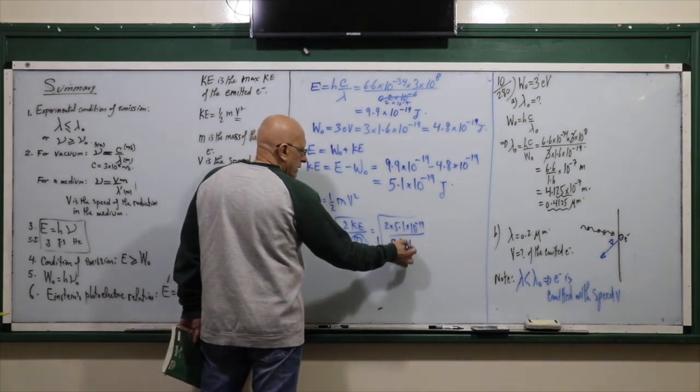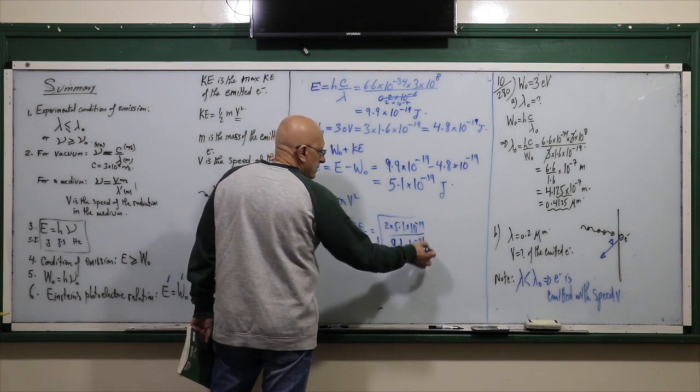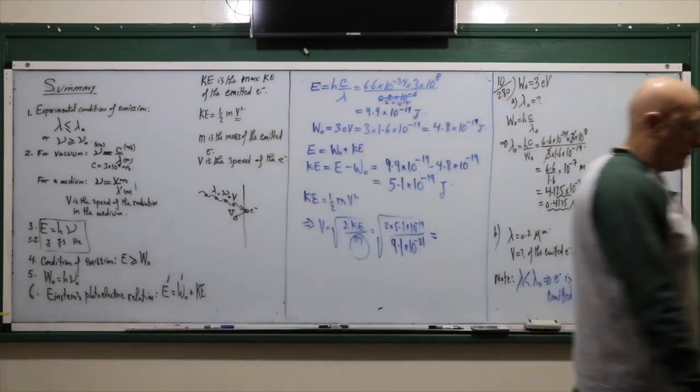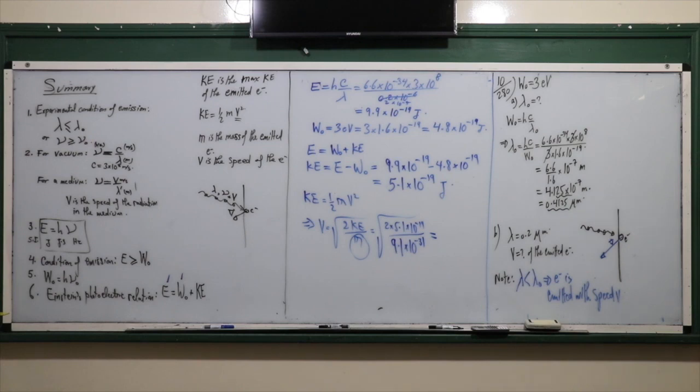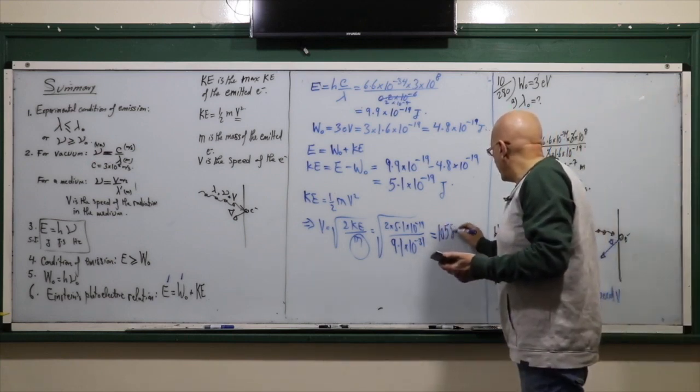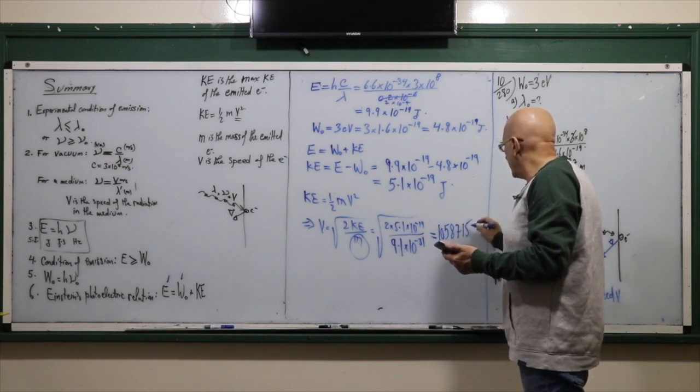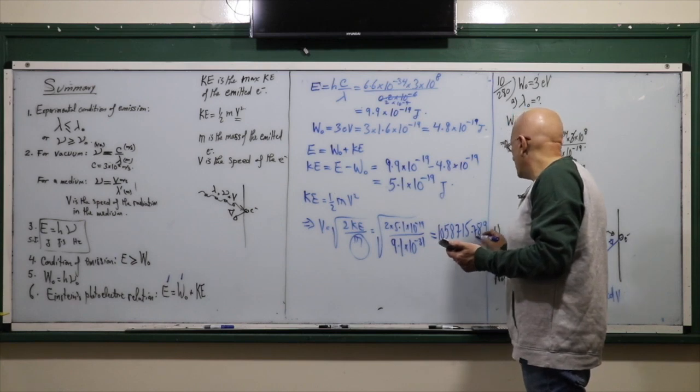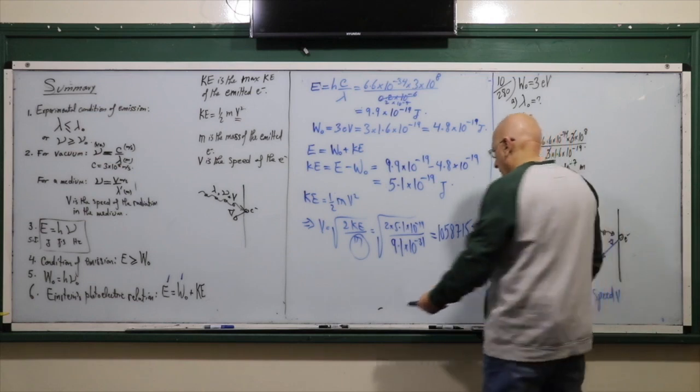It is 9.1 times 10 power minus 31. You get 1058,715.789 meter per second. Okay.